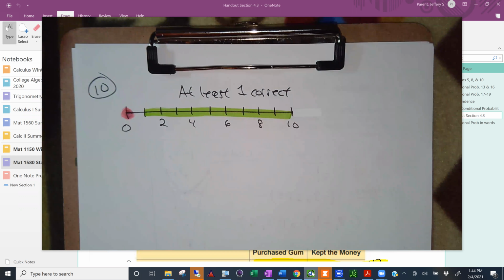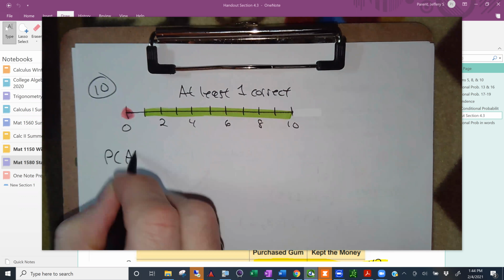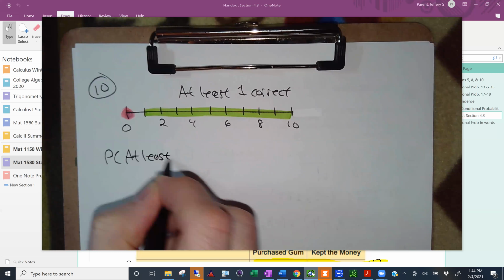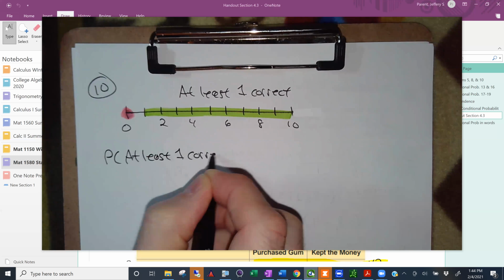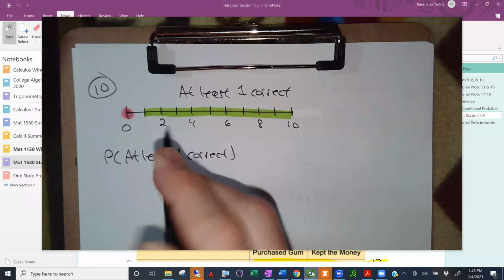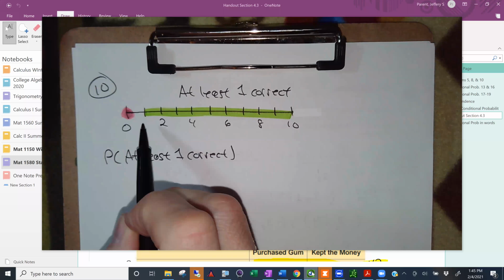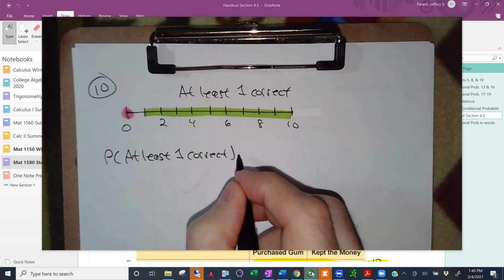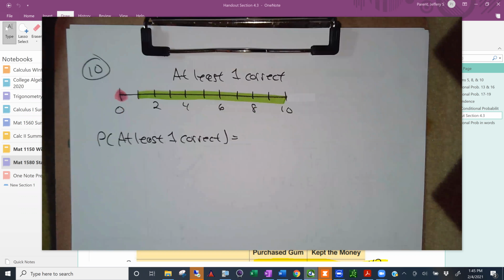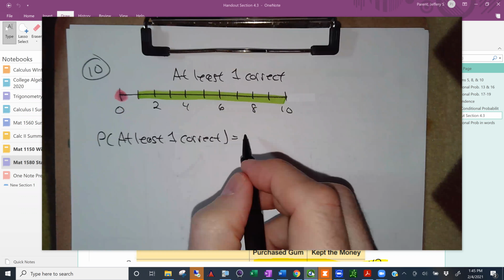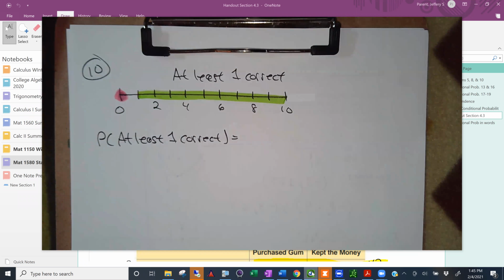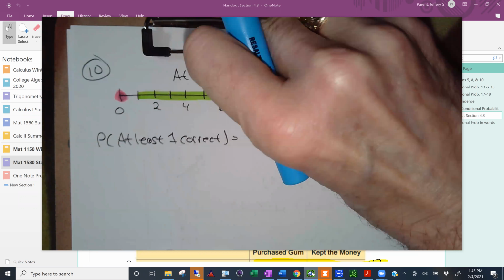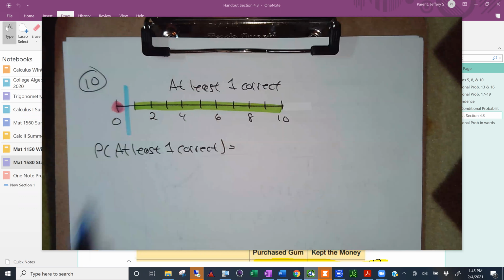So if I want to look at the probability of at least one correct, should I calculate the probability of 1 correct plus the probability of 2 correct, 3 correct, 4 correct, all the way up to 10? Or is there a different way I can calculate this probability? Something that might be more efficient. The complementary rule. Yeah, use the rule of complements.